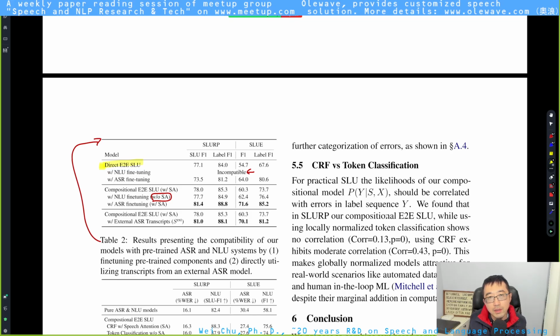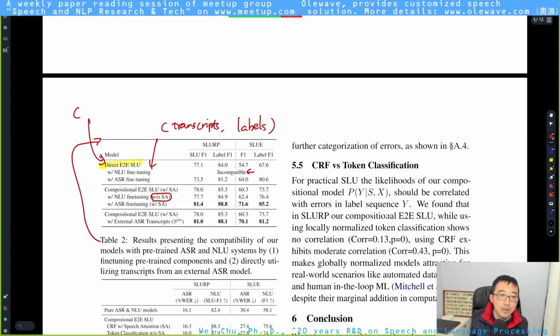Yeah, my gut feeling is that they cannot do this because of the NLU fine-tuning, like I just mentioned, they have pairs of transcripts and label sequences, right? But in the direct end-to-end SLU, the input is voice or speech, and output is a label. There's no way for you to apply this here, okay?